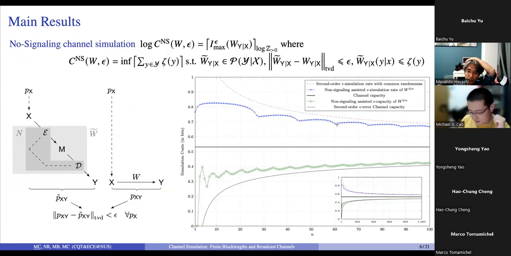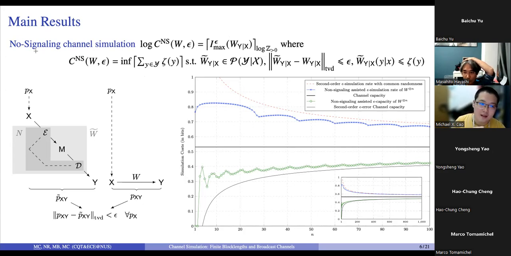As a second part of our result, we were able to connect the problem of non-signaling channel simulation to the random assisted channel simulation. In particular, the non-signaling channel simulation cost can be written as a linear program. And we are able to show this linear program will exactly have this solution, which is the I epsilon max.